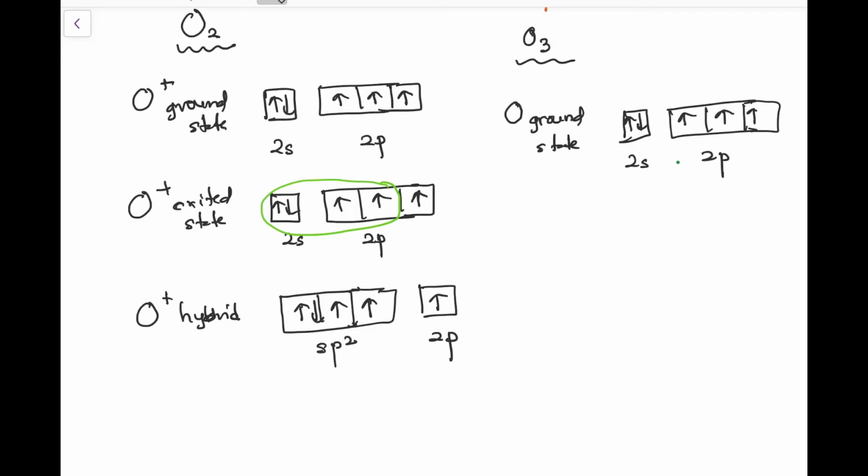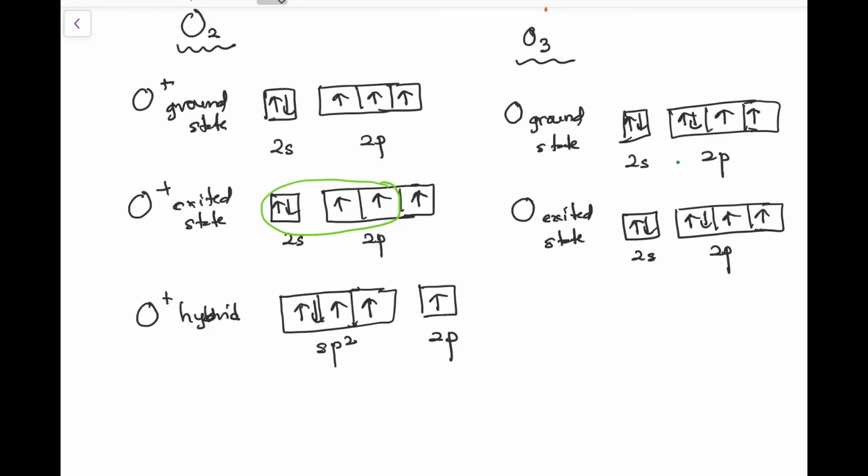And we need to keep 2 lone pairs, and we need to hybridize sp2.